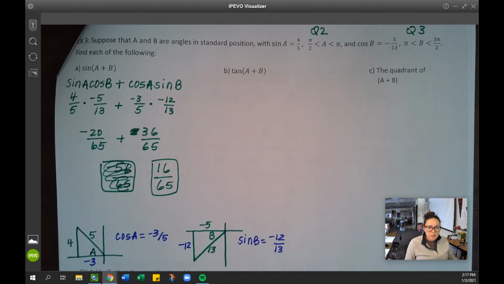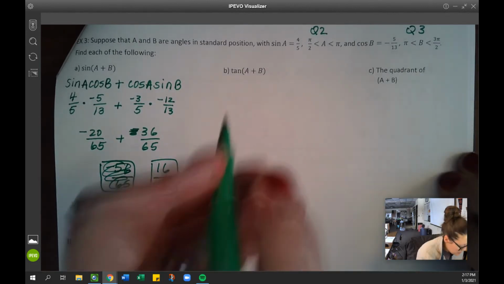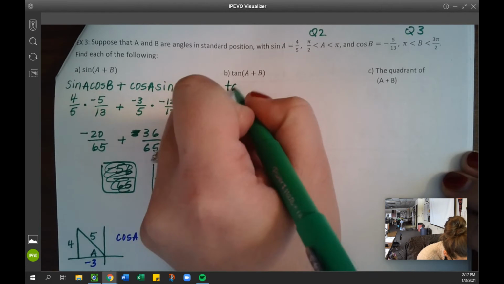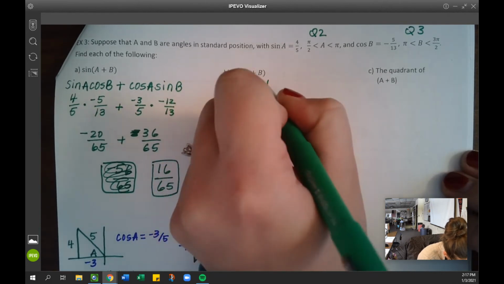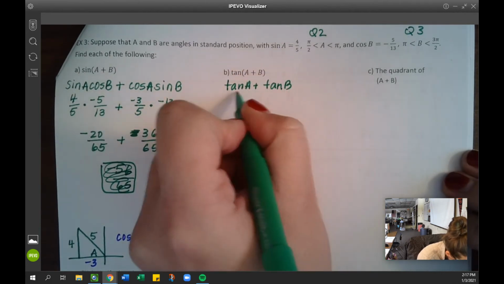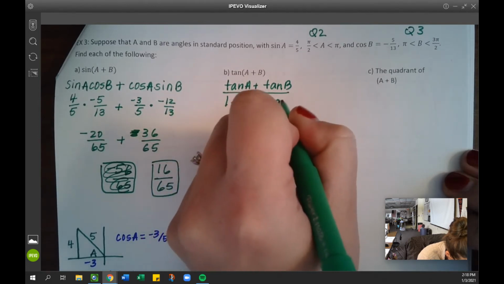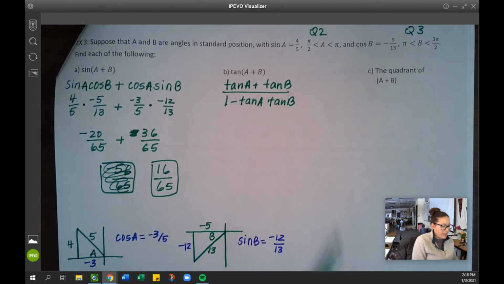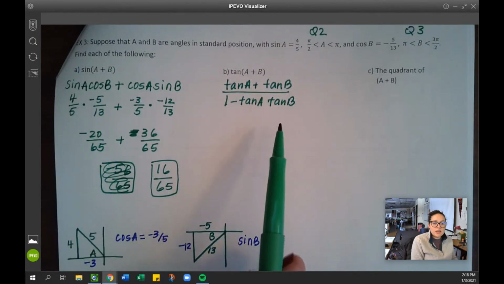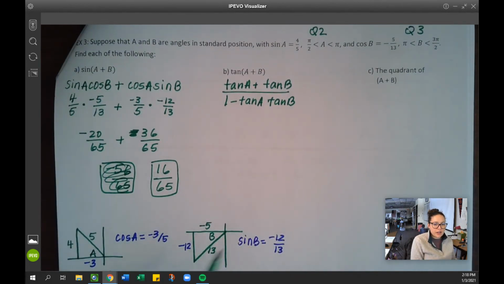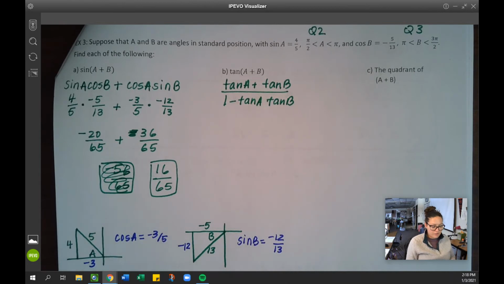All right, let's try part B, tangent of A plus B. Well, in order to do tangent of A plus B, I need tangent A plus tangent B over 1 minus tangent A times tangent B. Now, I don't know tangent of A or B. However, I can use the triangle here to figure it out very quickly. Tangent is opposite over adjacent.